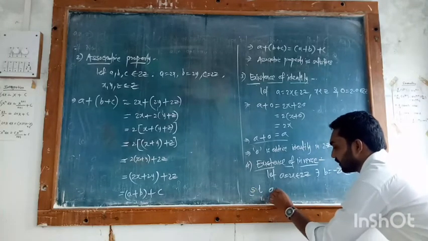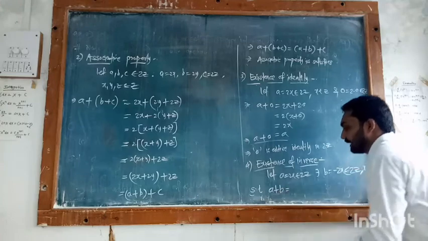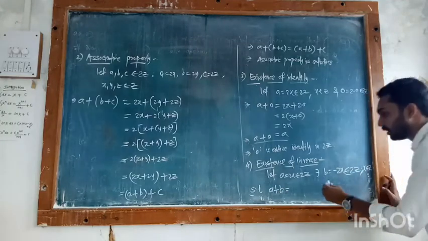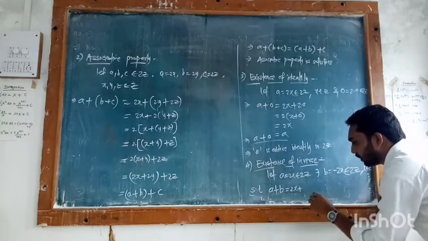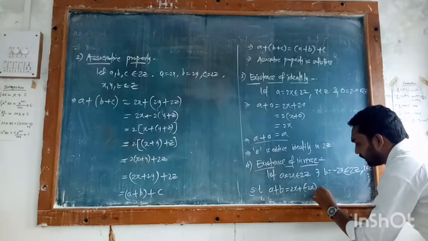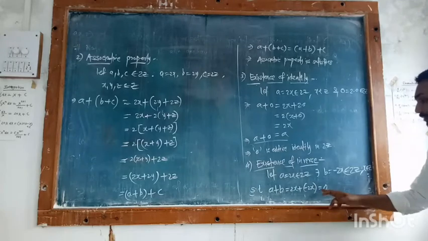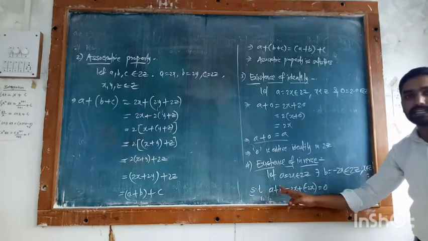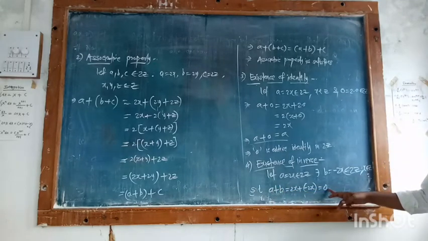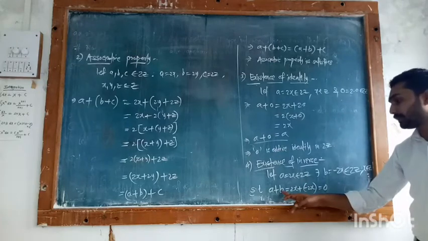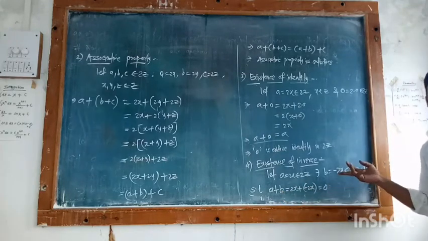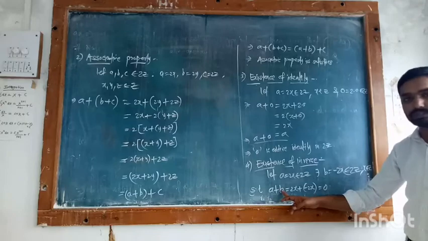Now, A is 2x, member of 2Z, there exists B equal to minus 2x, also member of 2Z, such that A plus B equal, value of A is 2x, value of B is minus 2x. Now 2x minus 2x is 0. So we get A plus B equal to 0. That means 0 is your additive identity, and B is your additive inverse.